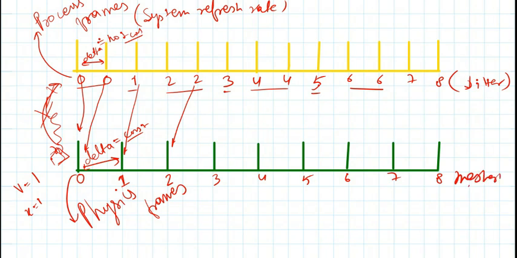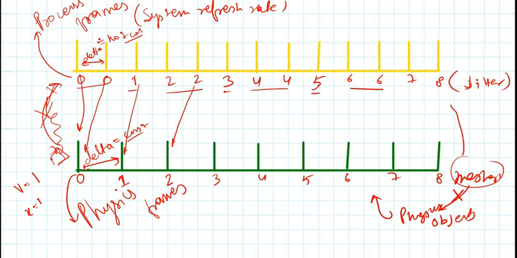Usually the meshes are the child of physics objects, and physics objects are moving in this physics frame timeline. So the first thing we'll do is disconnect the meshes from the physics objects, and we'll move the meshes in the process frames with respect to the physics objects.